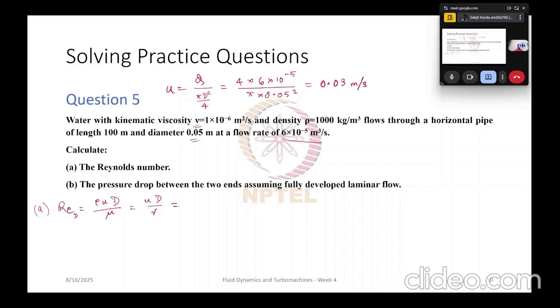So let's calculate the Reynolds number now. We have 0.03 into diameter, that is 0.05, and the viscosity, which is 10 power minus 6. So basically we can remove these two decimals and multiply by 100.